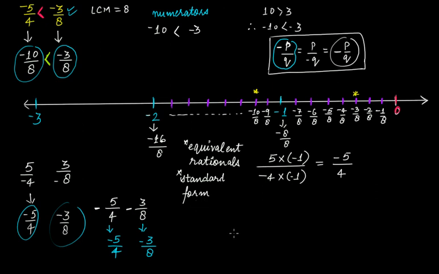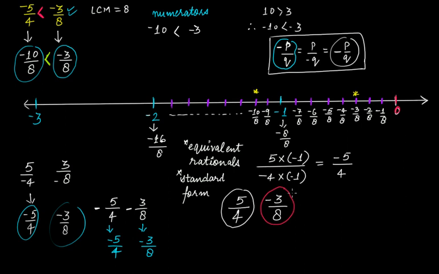Next, what if the numbers we have to compare are 5 over 4 and minus 3 over 8? Again, this is a comparison of a positive rational number and a negative rational number.